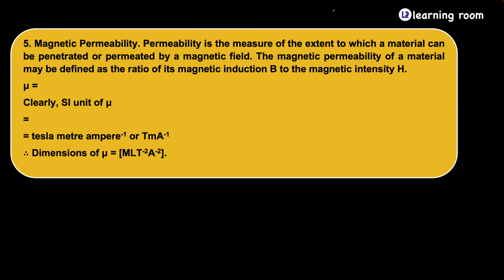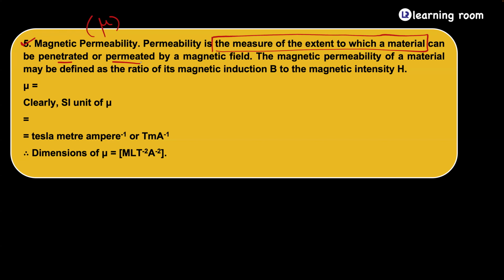After this, we saw what is magnetic permeability. It is represented by the symbol mu. It is a measure of the extent to which a material can be penetrated or permeated by a magnetic field.